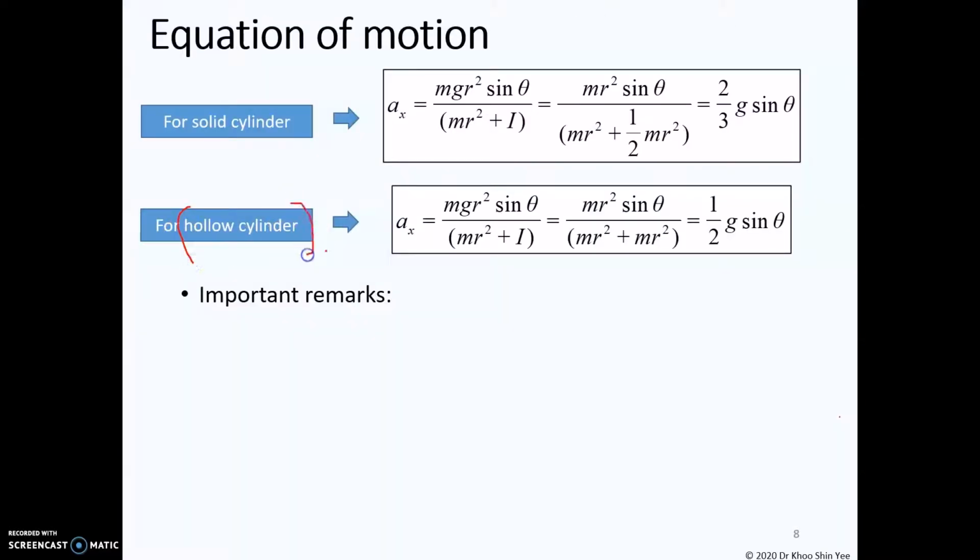Hollow cylinder has a higher mass moment of inertia, which is equal to mr squared. Therefore, we should know that the hollow cylinder has a higher resistance to the angular motion compared to the solid cylinder here. Because the solid cylinder has a lower mass moment of inertia, which is equal to 1 over 2 mr squared. So when you compare to this value, it's only half of the hollow cylinder.